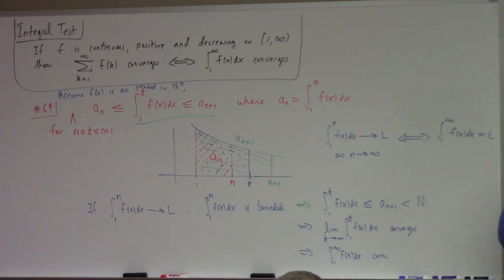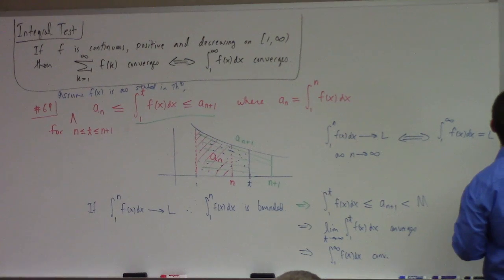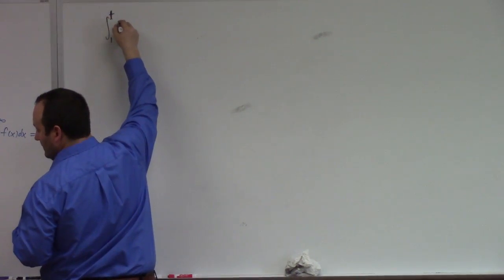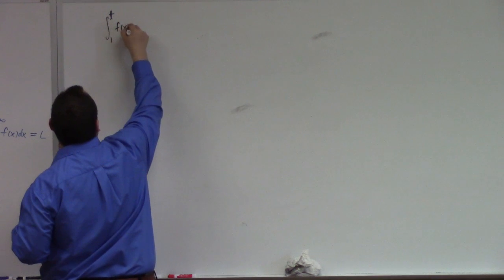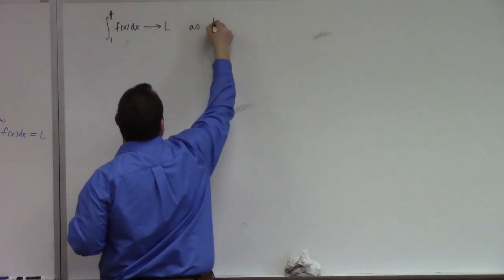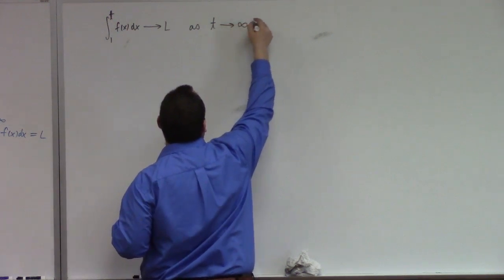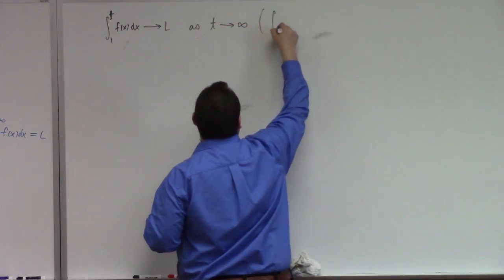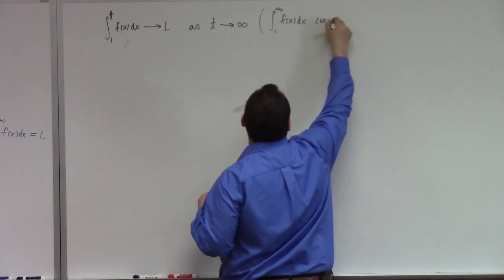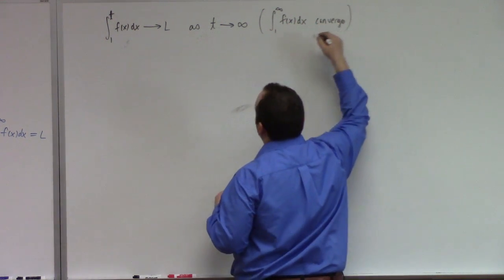If you have that the integral from 1 to t of f of x dx goes to L as t goes to infinity, which is what it means for the integral from 1 to infinity of f of x dx to converge, what does that tell us?